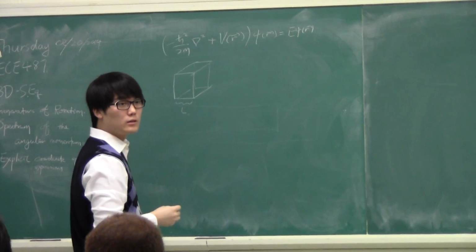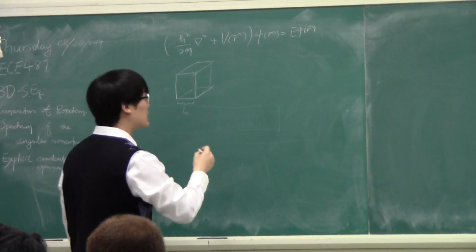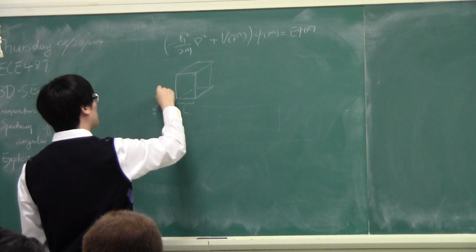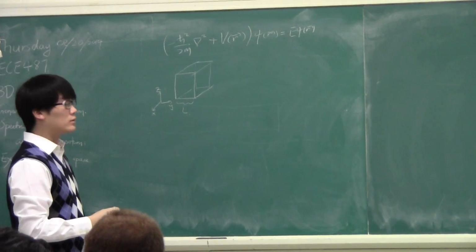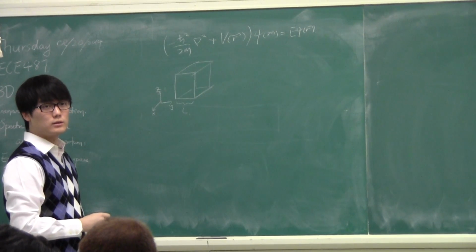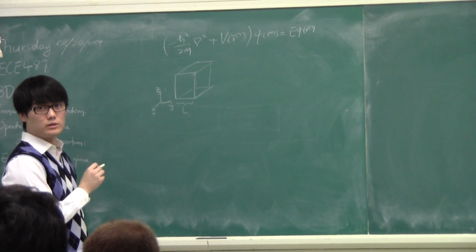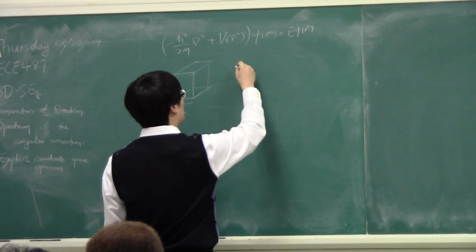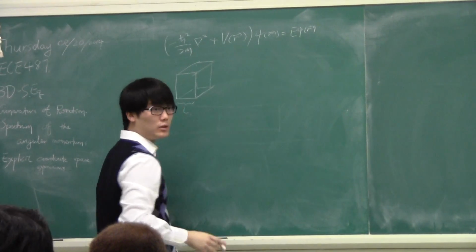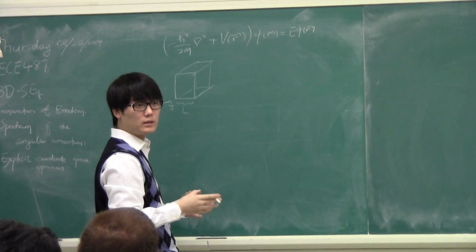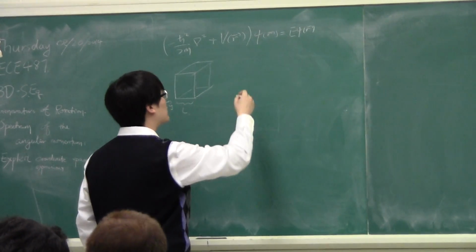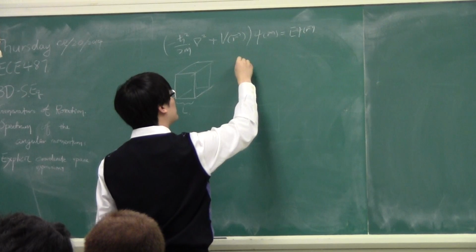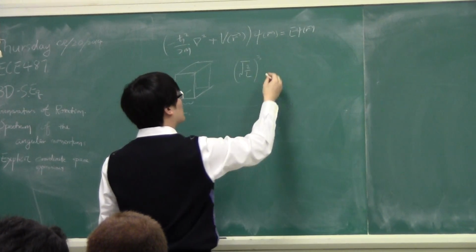So in every direction, in the x, y, and z direction, you'll see an infinite square well. First of all, this problem is completely separable in Cartesian coordinates. We can just write down the eigenfunction by multiplying together the respective eigenfunctions in the x, y, and z direction for the infinite square well. So it's going to be this form.